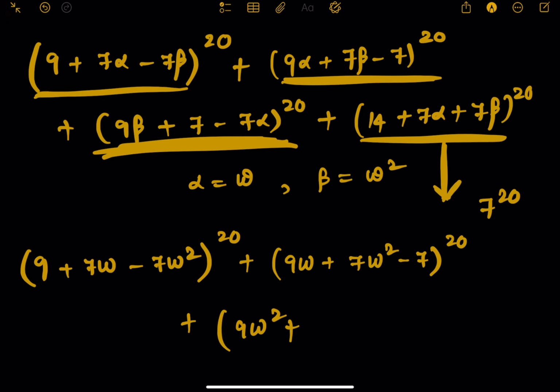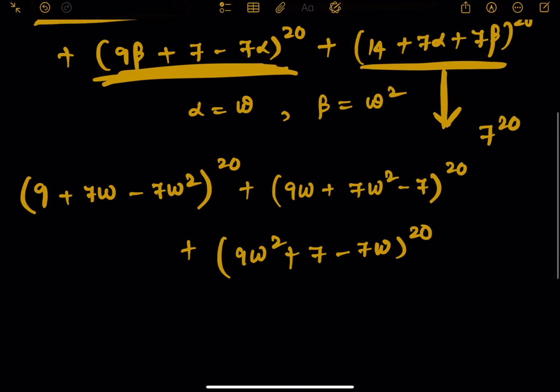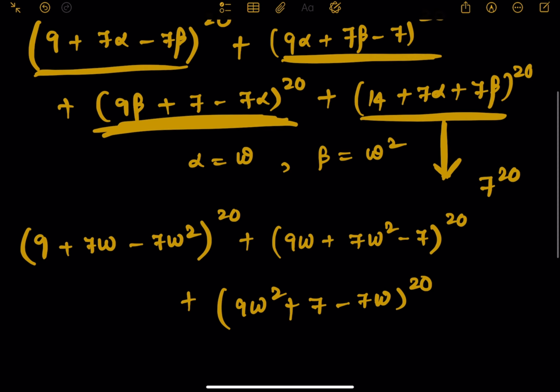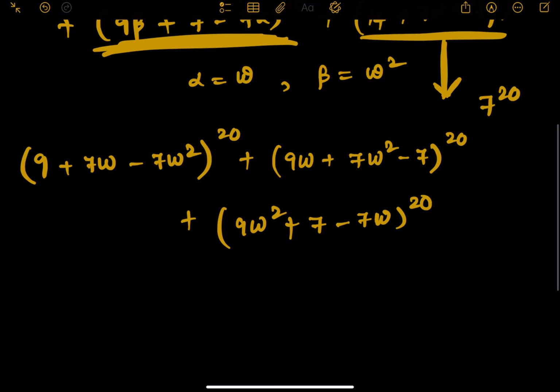When α and β are there in the question, you might not be able to see the pattern, but once you write all the expressions in terms of ω and convert these two variables into a single variable, ω, you'll be able to see the pattern.